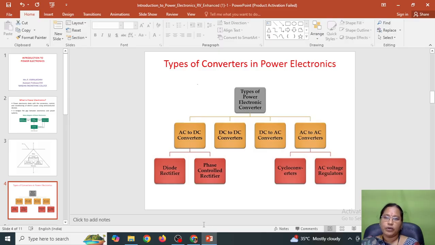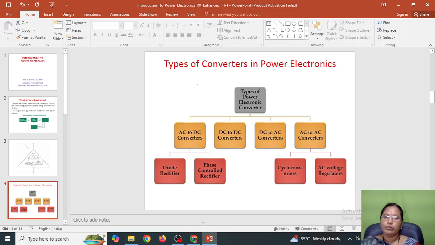The second type of converter is DC to DC converters, that is, fixed DC into variable DC, called choppers. The third one is DC to AC converters, called inverters. The last one is AC to AC converters. As we know, the AC quantities are voltage and frequency.